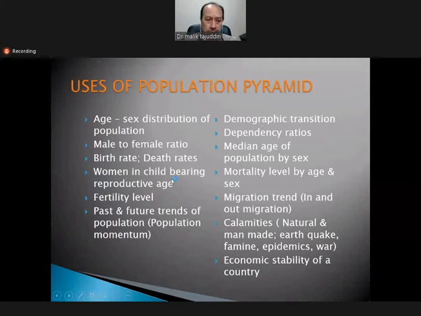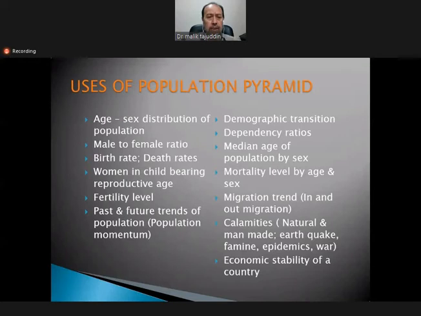Then you get the fertility level, that is, how many children one woman is going to give birth to during her entire fertile life, her entire reproductive life. And the gross fertility rate of Pakistan at that time was 5.6. It was slightly higher. So it is slightly getting down, and came down to 4.7.